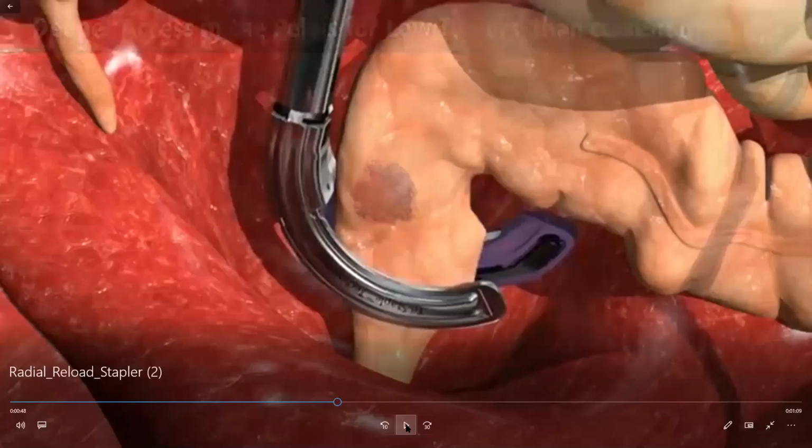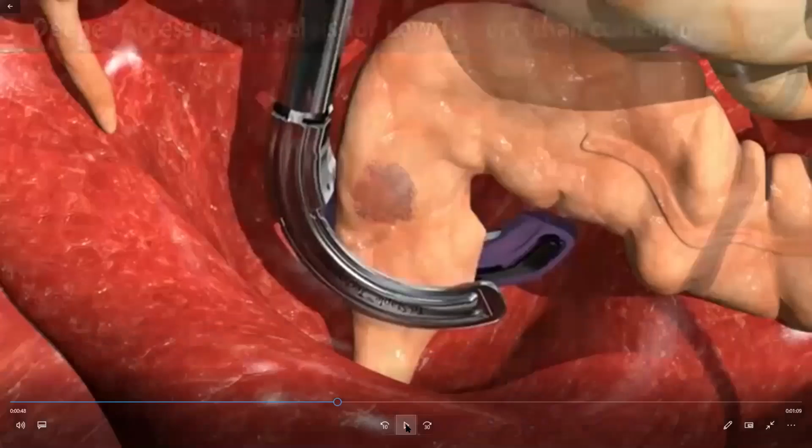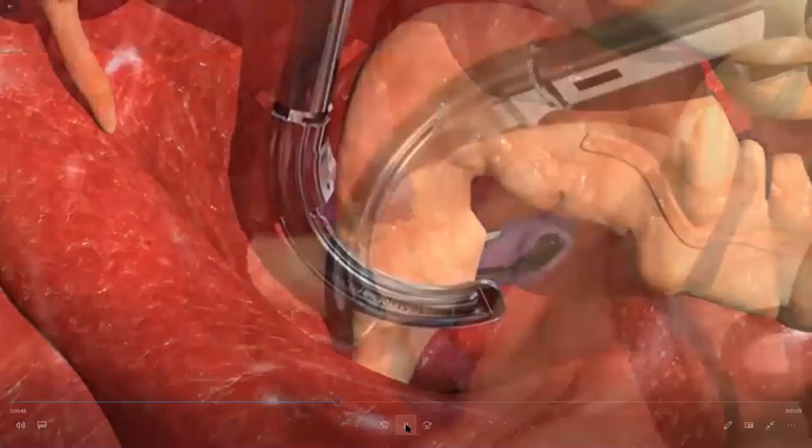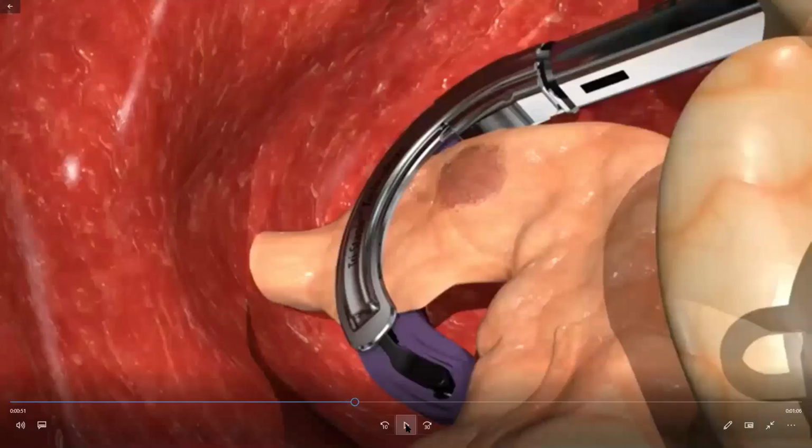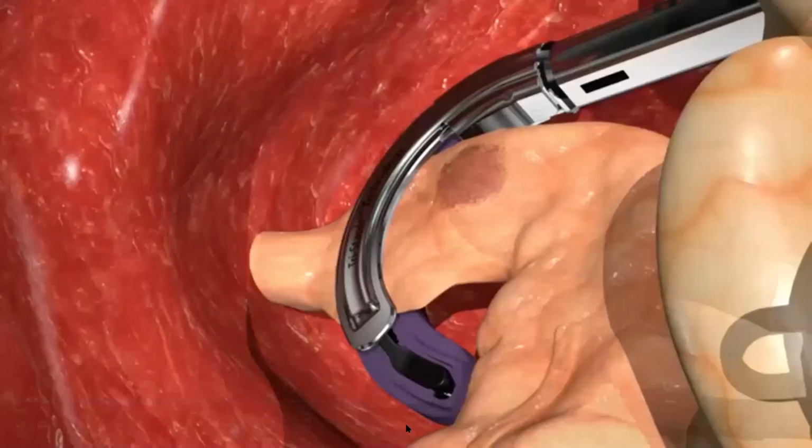Now the surgeon is pressing the two halves, and they are coming together. Now you can observe the blade going from right to left, cutting the colon, and also this titanium staple.